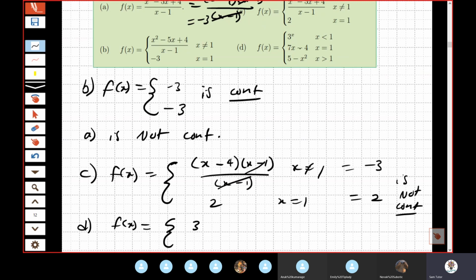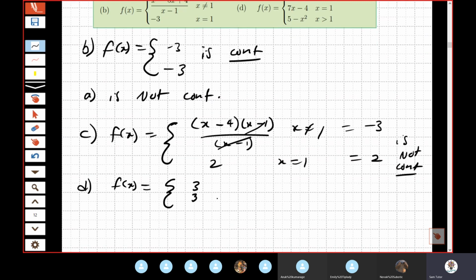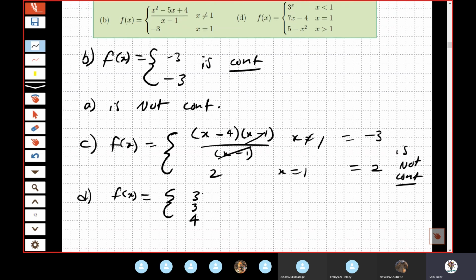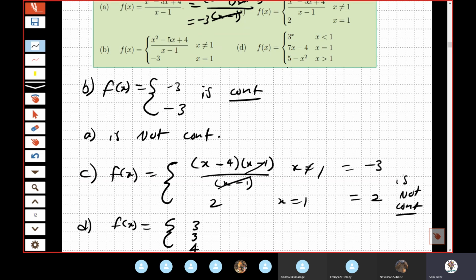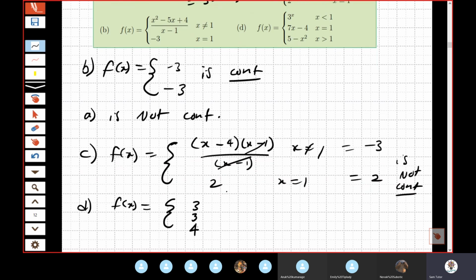Sub in 1 into here, 7 take away 4, which is 3. Sub in 1 into here, 5 take away 1 is actually 4. So it is continuous up to this stage, 3 and 3, so these two are continuous. But then once we got the last one in, it became non-continuous, so it is not continuous.